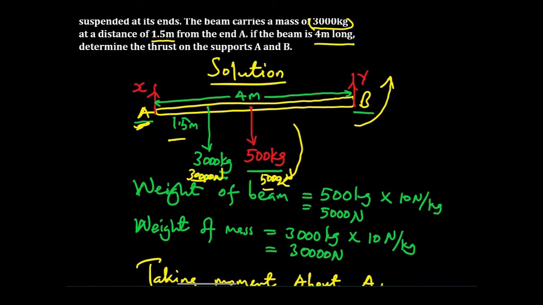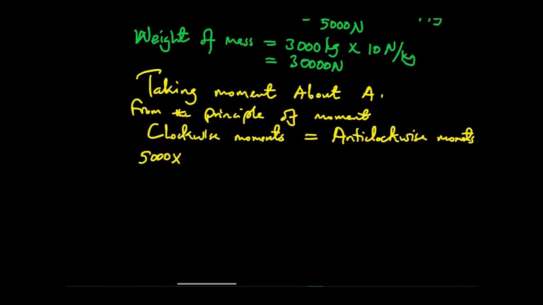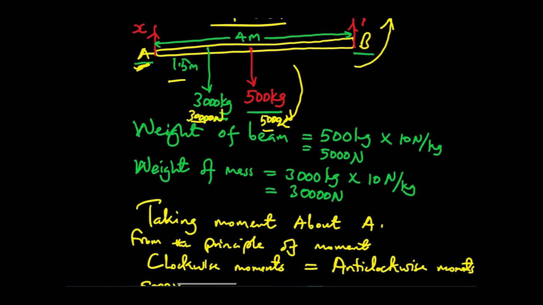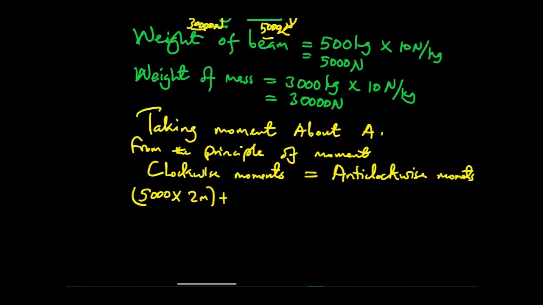So clockwise moment equals 5,000 times the distance of 5,000, which is 0.5 meter plus 1.5, you get 2 meter, so times 2 meter, plus 30,000 Newton times this distance.